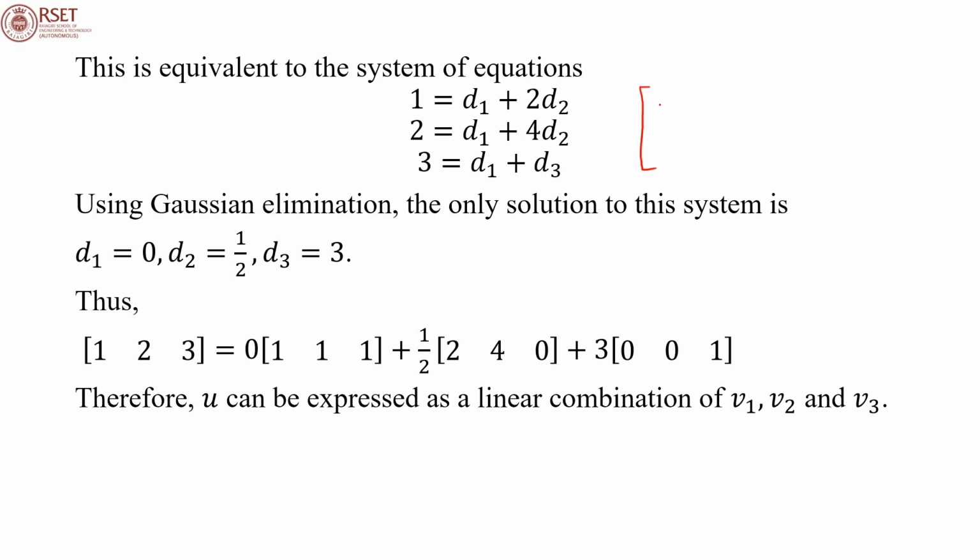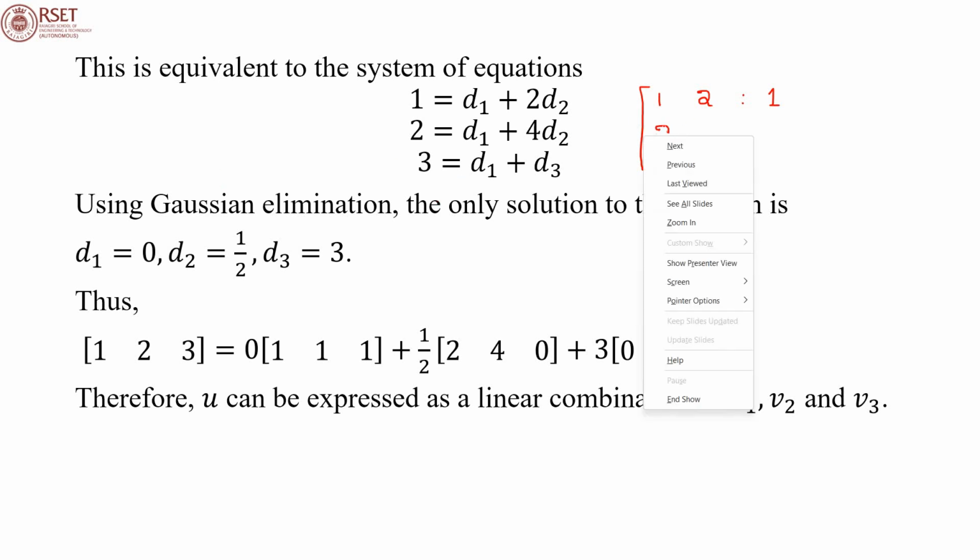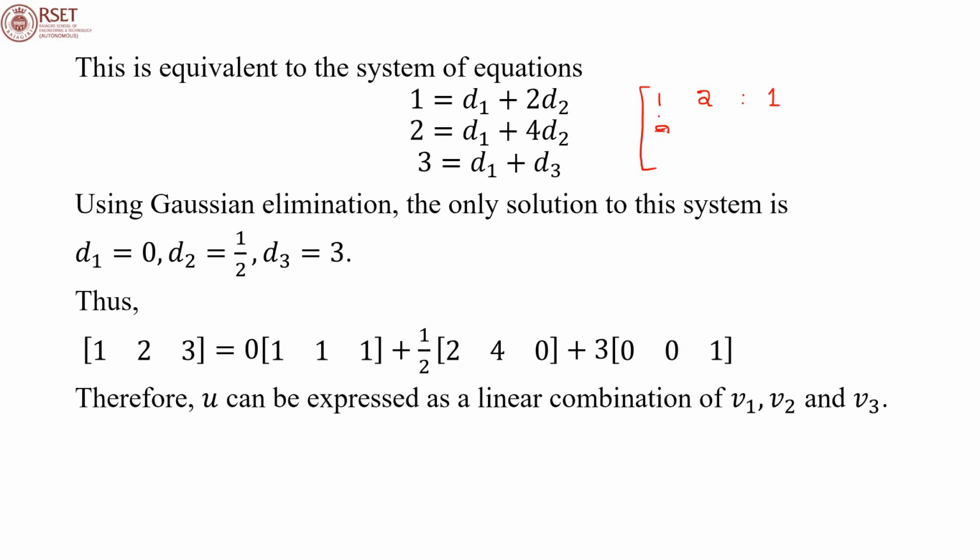Consider the augmented matrix with rows (1, 2, 1), (1, 4, 2) and (1, 1, 3). On simplifying and solving, we find that the only solution to this system is d1 equal to 0, d2 equal to 1 by 2 and d3 equal to 3.